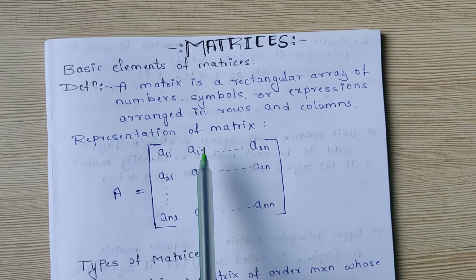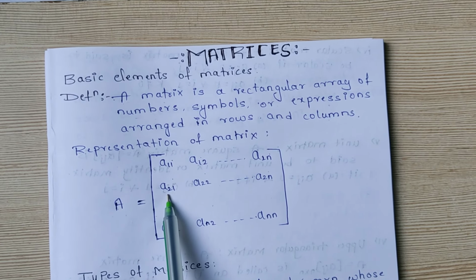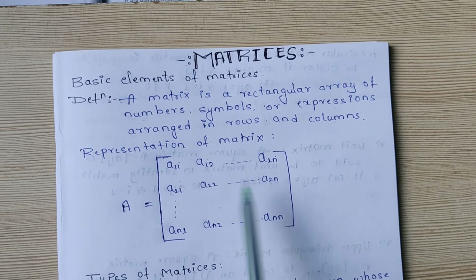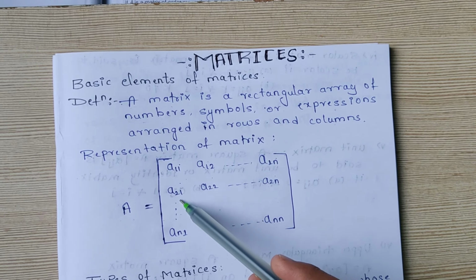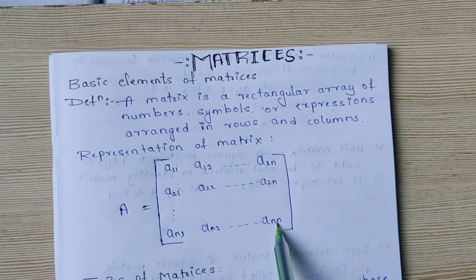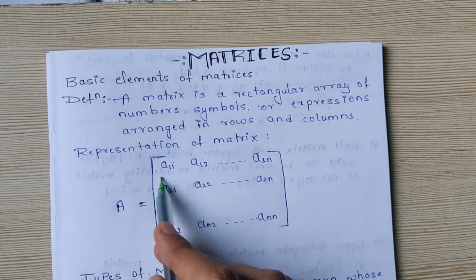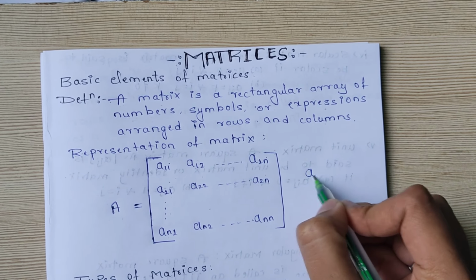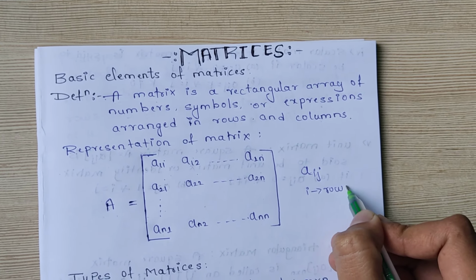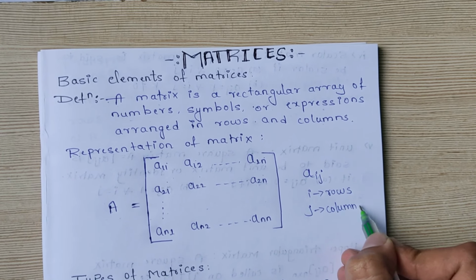A11, A12, and so on up to A1n. Similarly the second row A21, A22 up to A2n, and the columns go up to n columns and rows go up to n rows. The last element will be Ann. Here Aij: i represents rows and j represents columns.